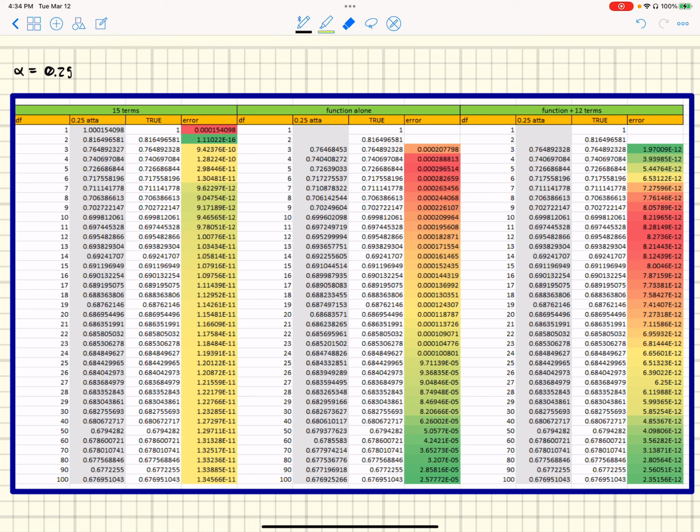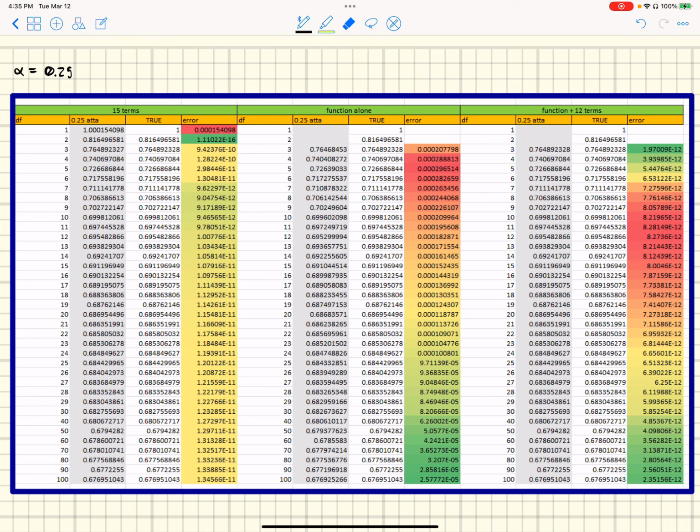And as the number of degrees of freedom increases, just the function alone, this is that middle column I'm looking at, once you start getting into degrees of freedom of about 25, you're already into 5 or 6 decimal places of precision. So that is a nice feature and result, in the sense that here you've got this analytical function that is so precise.